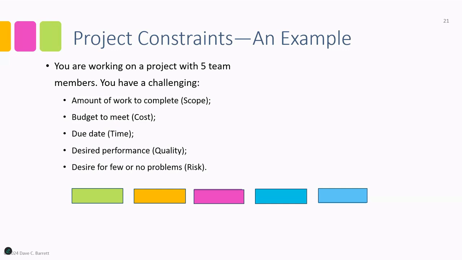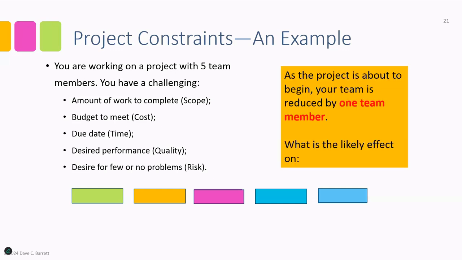But in this controlled example, as the project is about to begin, your team is reduced by one team member. So you have one team member, they quit, they're sick, something, and you can't replace them. So in this hypothetical example, you don't have another team member that you could get in time. Let's assume that to be true.